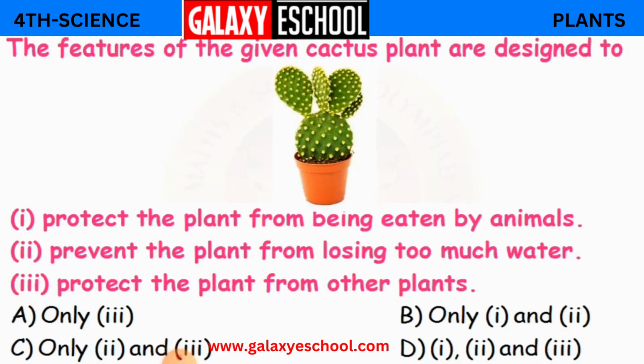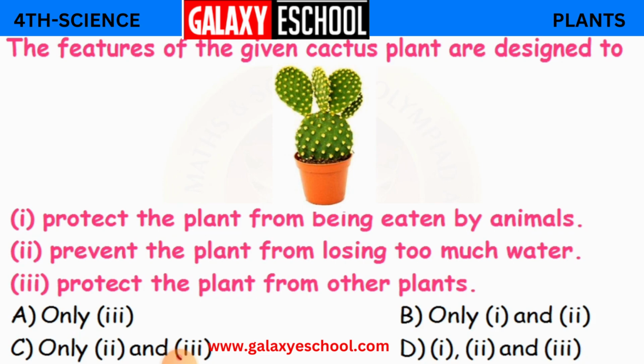The features of the given cactus plant are designed to. So here you have got a cactus plant and you have got some features. Why are these features there for this plant?